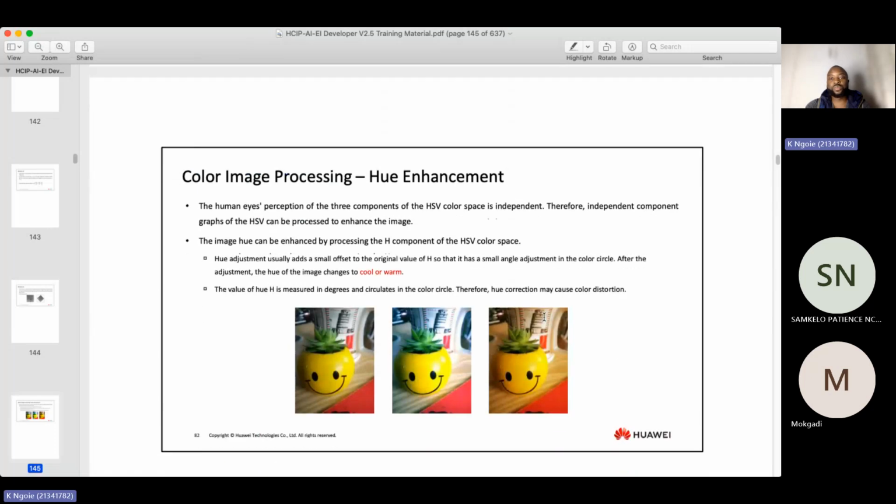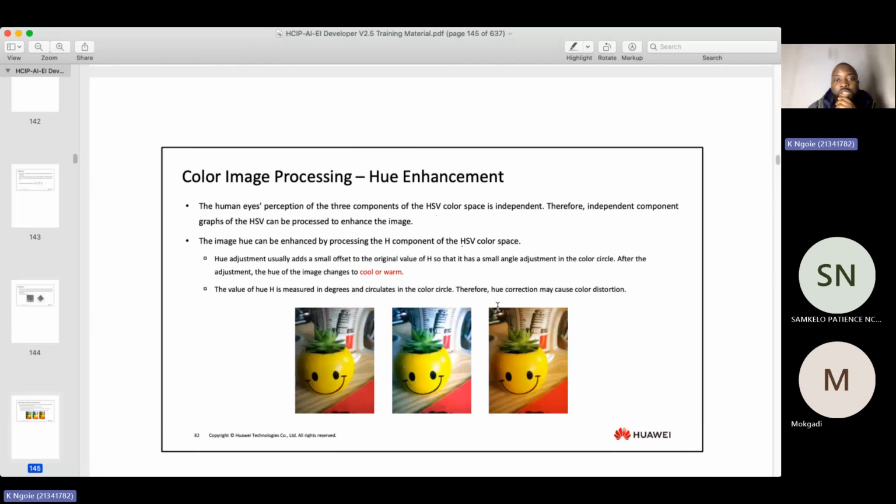All right. The colors can also be transformed. Sometimes we can also transform the colors. We've spoken about colors last time, where we have the RGB colors. In this case, the image hue can be enhanced by processing the H component of the HSV color space.